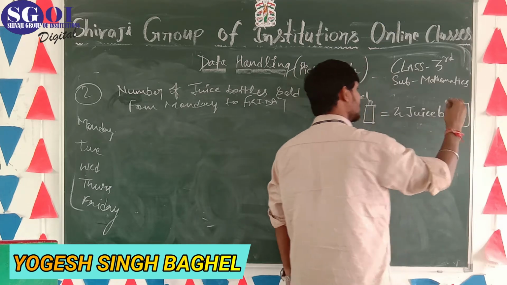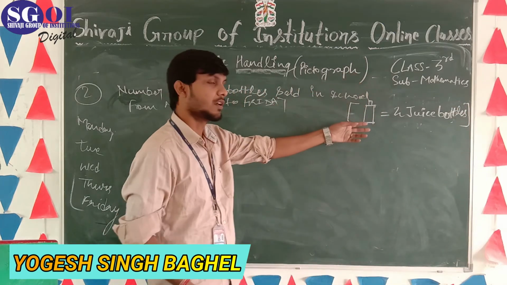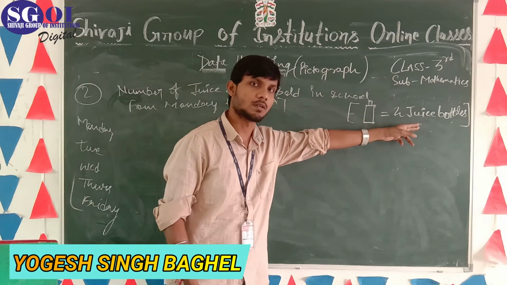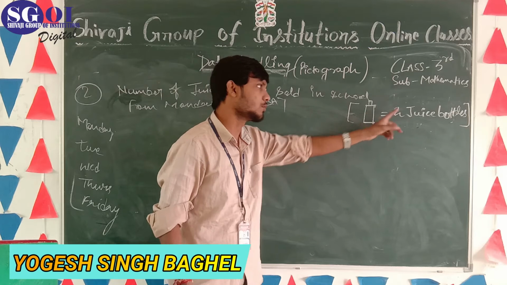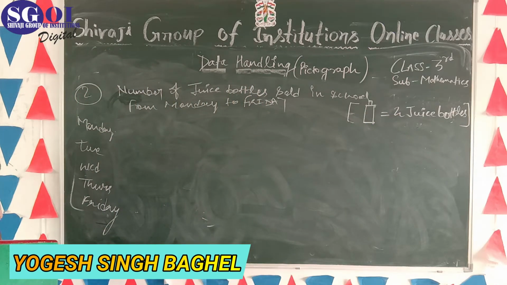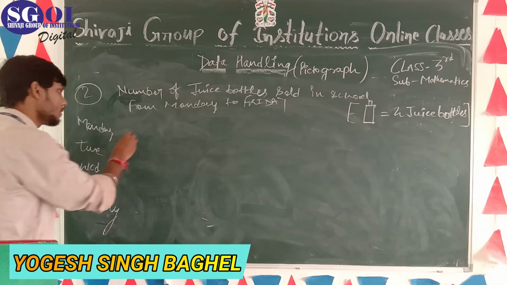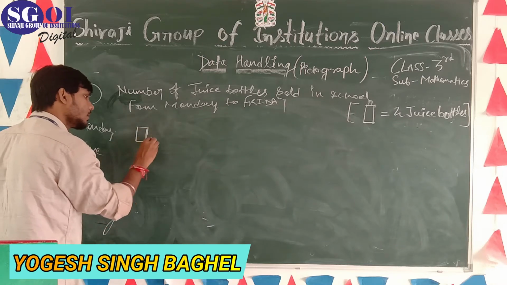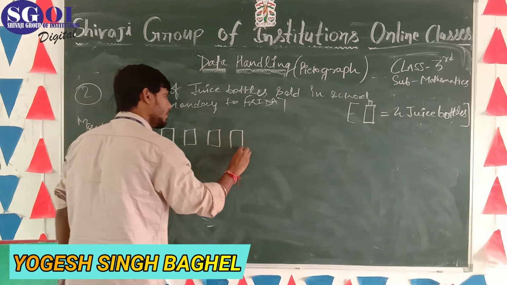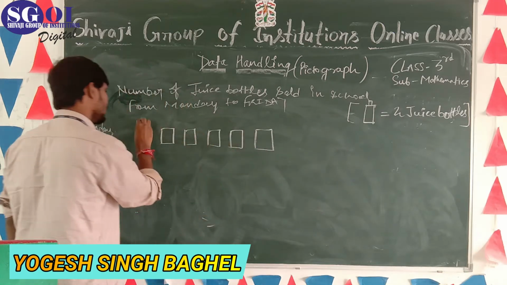So it means in the pictograph one bottle means 2 juice bottles. Clear? Let's see, on Monday there are a total of 6 bottles: 1, 2, 3, 4, 5 and 6.